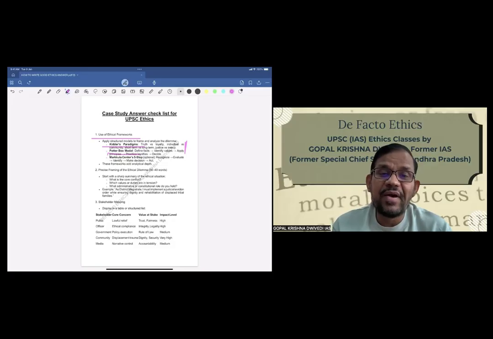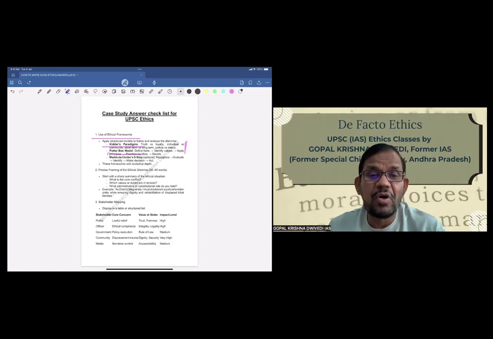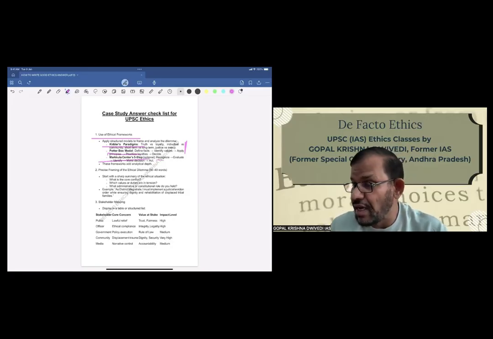This is: define facts, identify values, apply principles, prioritize loyalties, and then decide. So this is the Potter box model. Then another very important one, Markkula Center's five-step strategy. First you recognize what the problem or the dilemma is, and then evaluate, then identify, make a decision, and act.